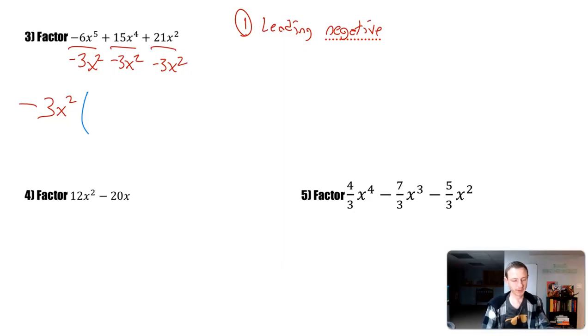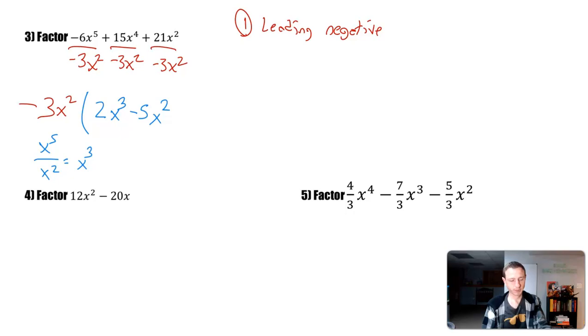Negative 6 divided by negative 3 is positive 2. X to the 5th over x to the 2nd. One more reminder, when I'm dividing by the same base, I subtract the exponent, so that's going to be 5 minus 2, which is x to the 3rd. So 2x to the 3rd. 15 divided by negative 3 is negative 5. X to the 4th divided by x to the 2nd is 4 minus 2, which is 2.